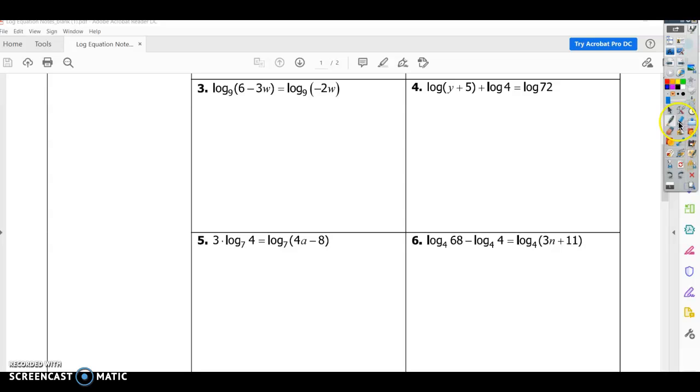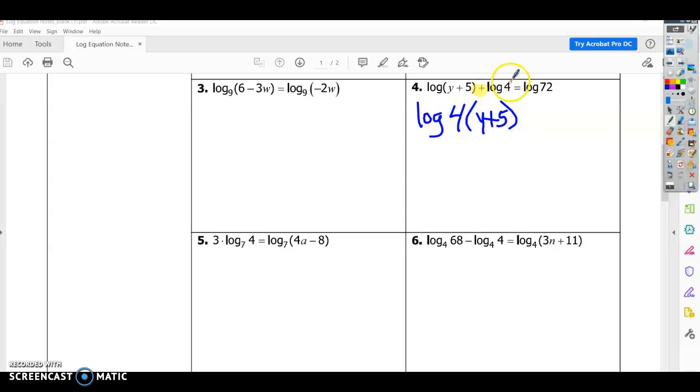Number 4 has 2 logs on the left, which means we have to use our properties of logarithms from the last section. So we have a log plus a log, and if you remember our properties, when you add, you can condense those by changing that to multiplication. So if I change that to multiplication, I'm going to have log of 4 times y plus 5.